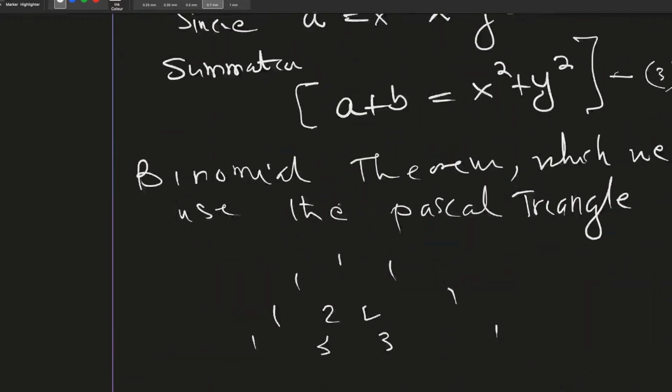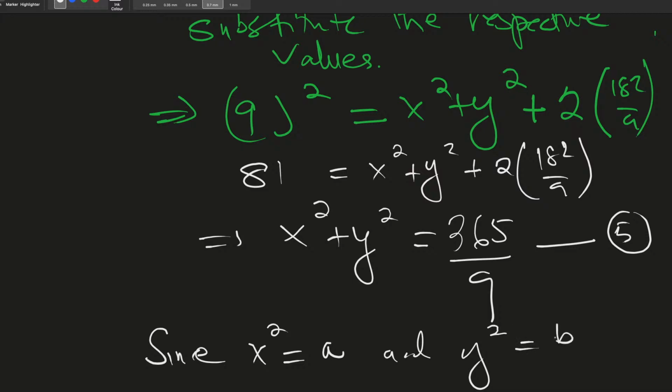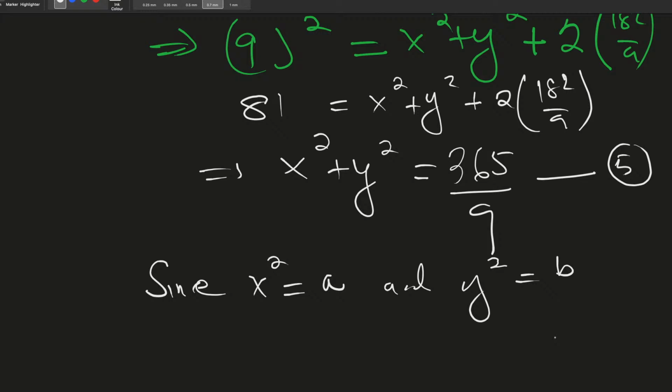So if we go back to the bottom, we know for sure that since x squared is equal to A and y squared is equal to B, this equation 5 can be written as A plus B is equal to 365 over 9.